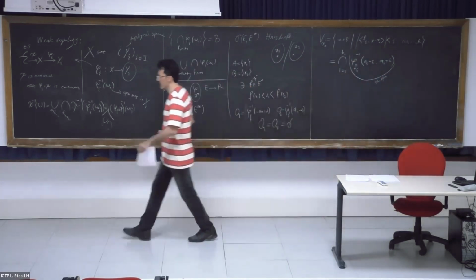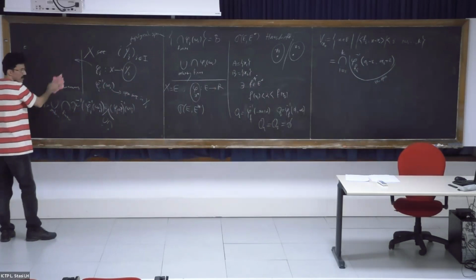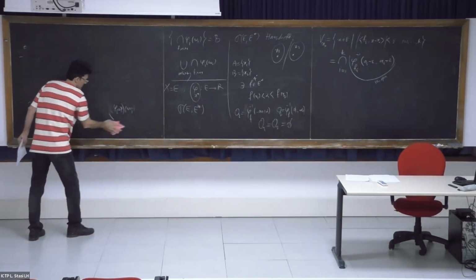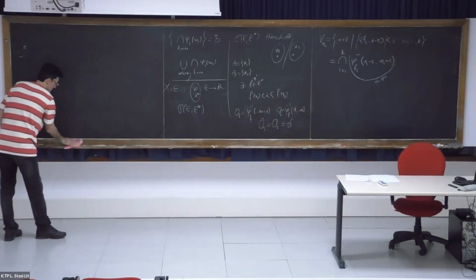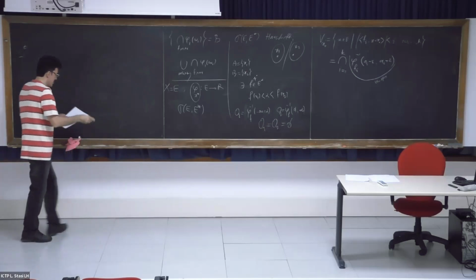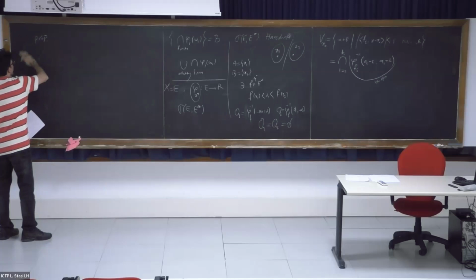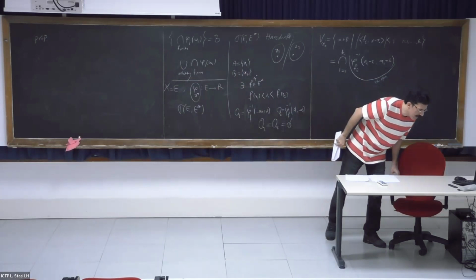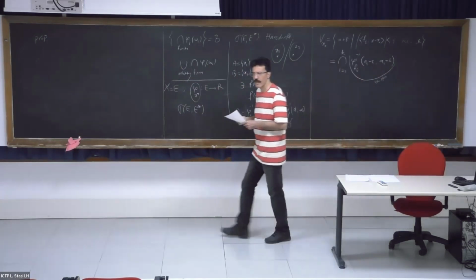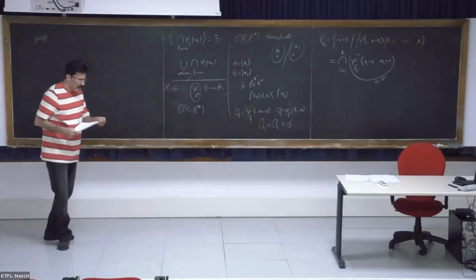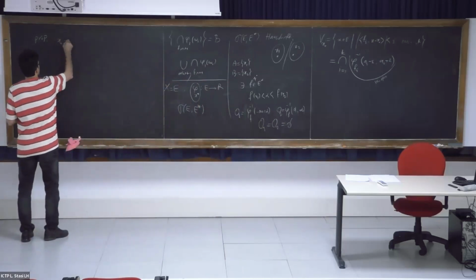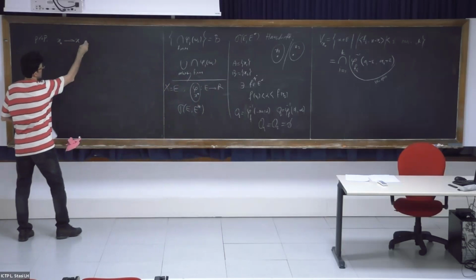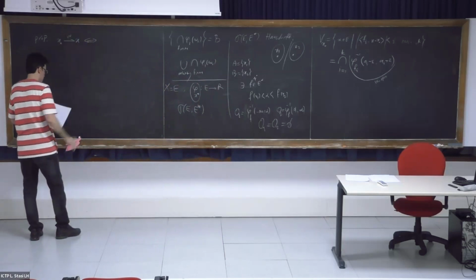I write here some easy properties of the convergence in weak topology. xn goes to x in weak topology if and only if f(xn) goes to f(x) for all f. This is the notation that we use for the weak topology.